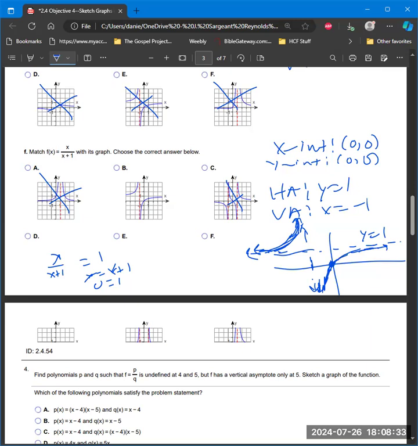So they just shifted B up too much. They need to shift this piece down 1. This point that's a 0, something that's not 0, is down here.